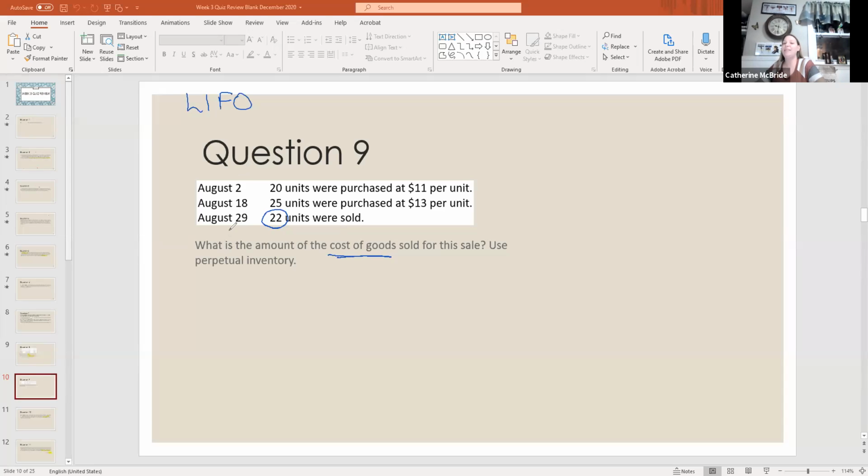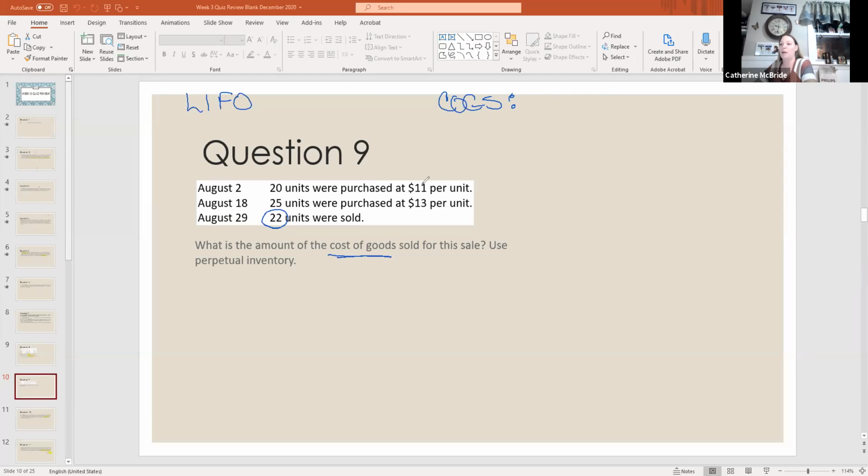So last in, first out. If we're trying to figure out cost of goods sold, last in, first out, do I start on the bottom and work my way up or the top and work my way down? Last in, first out, and I'm doing cost of goods sold, so that's the units we're taking out.